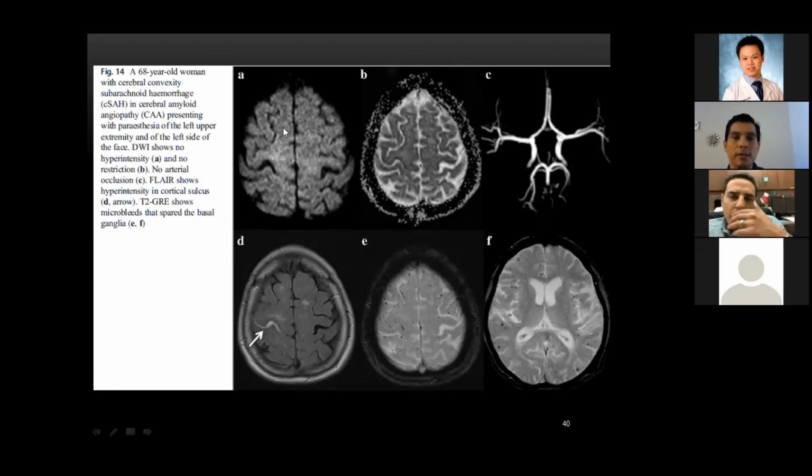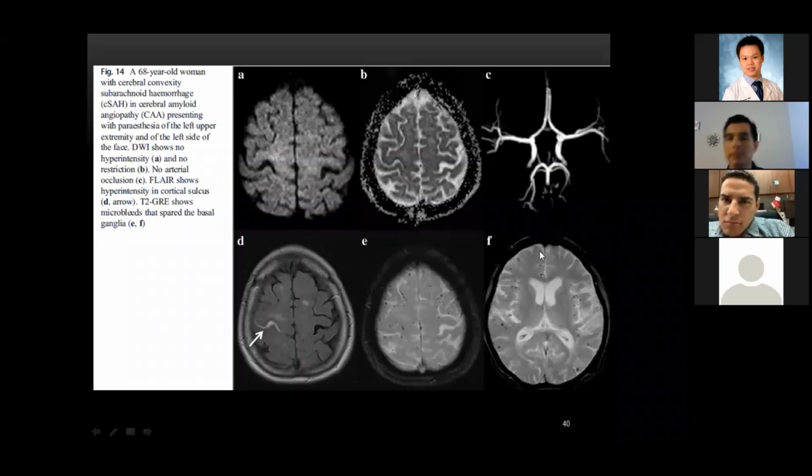In this case, a 68-year-old woman with subarachnoid hemorrhage, with normal DWI and normal ADC, but FLAIR will reveal a hemorrhage, and in T2 gradient we can see this hypointensity or microbleed that spares the basal ganglia.